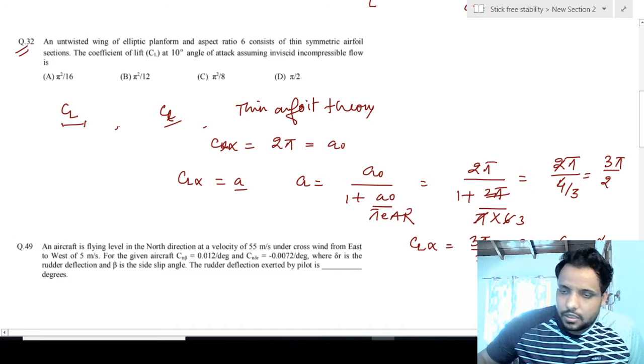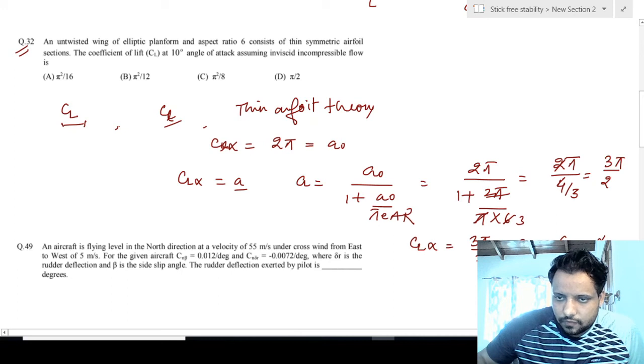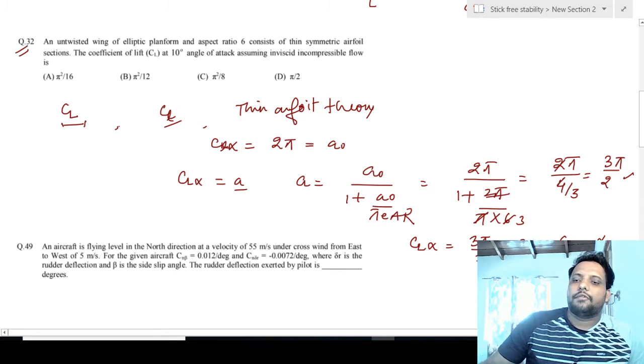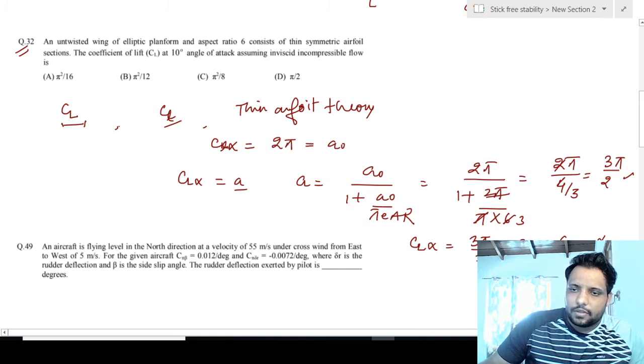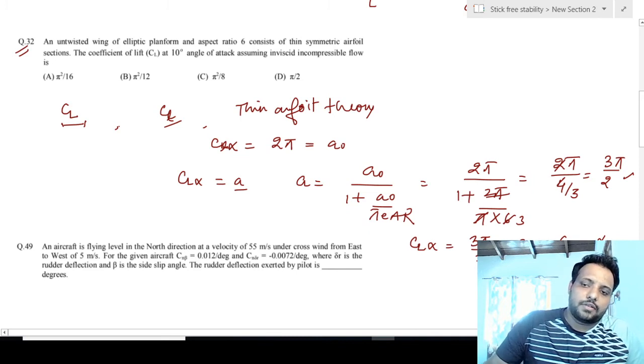So 3 pi by 2 multiplied with 10 degree. This is in per radian. So if I want to find out Cl, I have to convert this 10 degree into radians, so that I can get a non-dimensional number here.